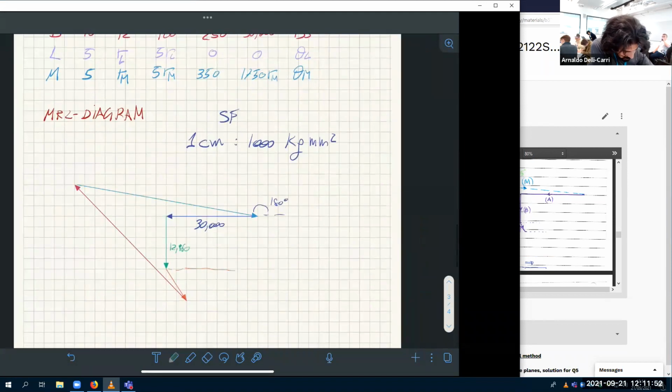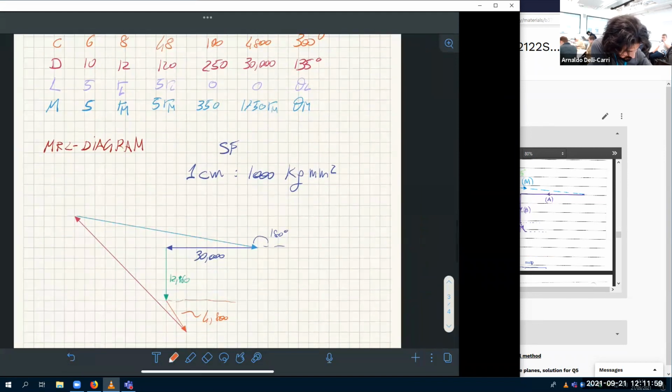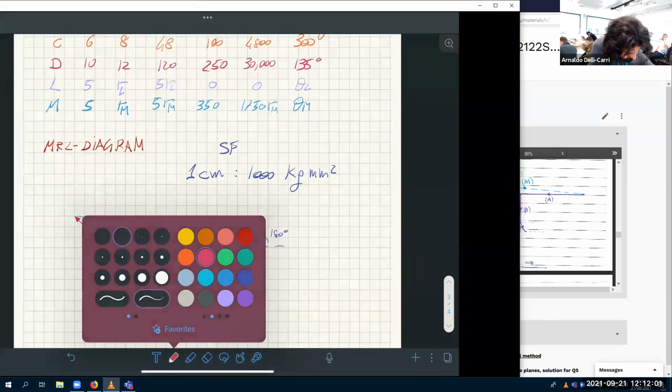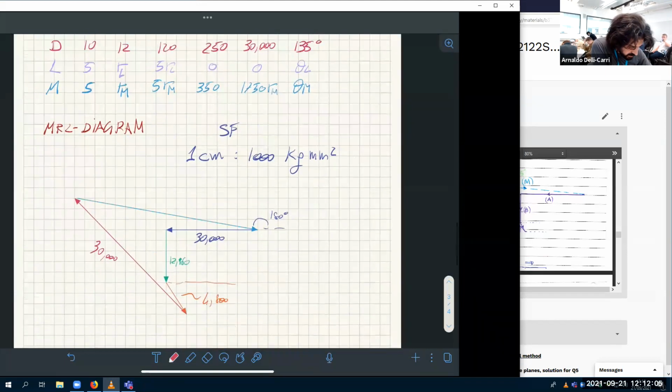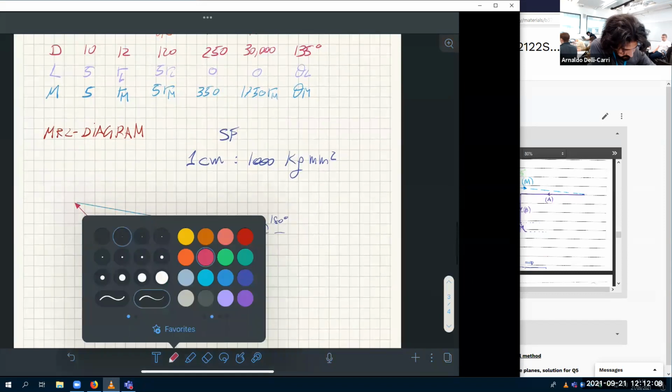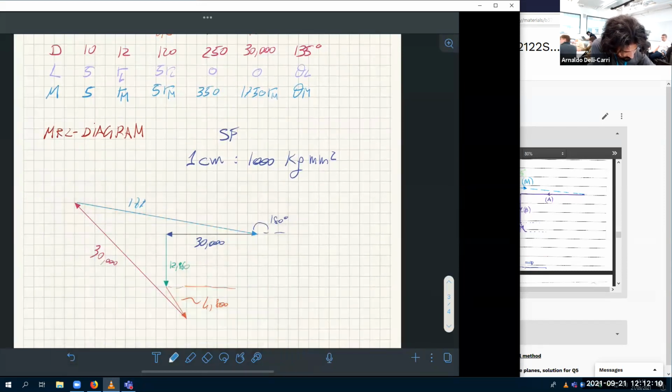This is 4,800. This is 30,000. This is 0, and this is 1750 RM.